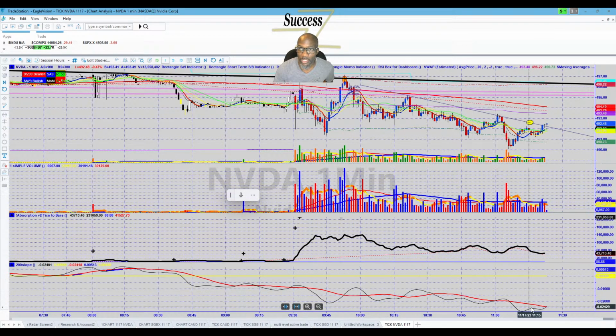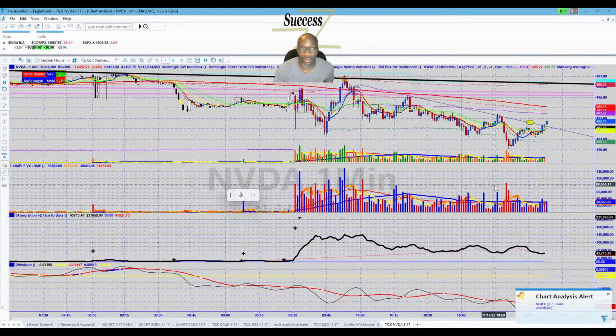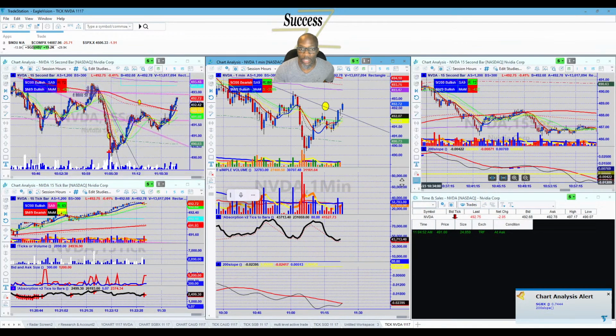Oh, this is the slope part I was talking about here. So this red line is the slow moving slope average, and this black line is the fast moving slope average. So you see how it's red here? That's because this black line is under the red line. So as it crosses over, it should turn yellow.